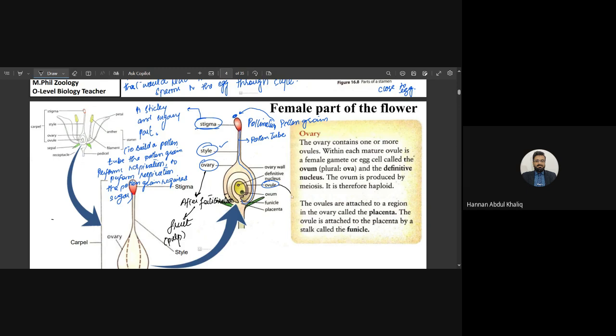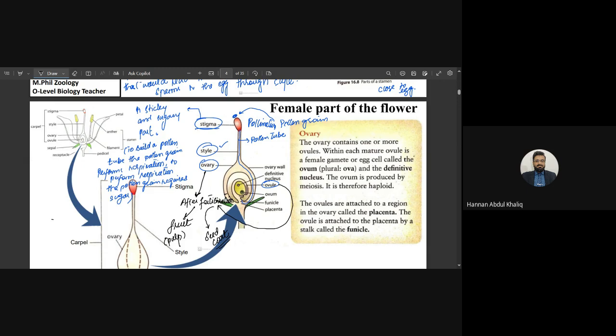And the ovule after fertilization becomes the seed coat. This is very important to understand, that when the fertilization occurs, the structure of the ovary is revised. Once the fertilization is done, you will see that the ovary has turned into the fruit, and the ovule has turned into the seed.